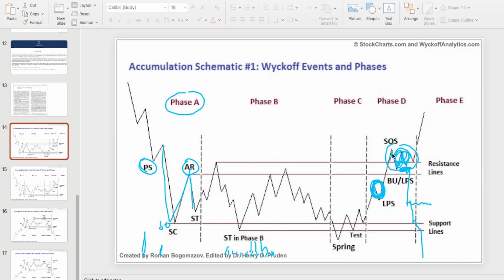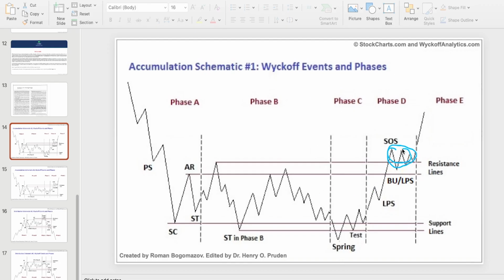If you're having an upthrust, then the question might be, is this an actual backup in action or an upthrust after distribution? But in the context of accumulation, there is a final accumulation at this level, at the backup in action, before we then move to the upside.